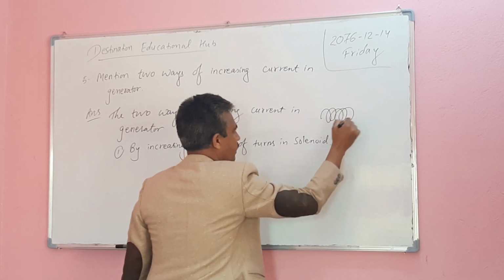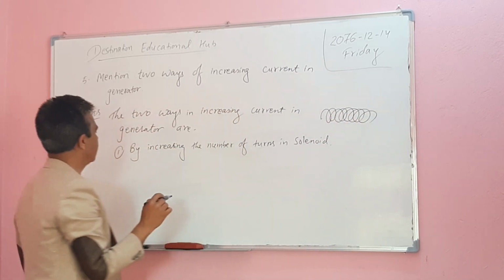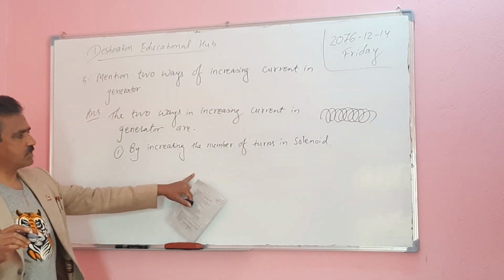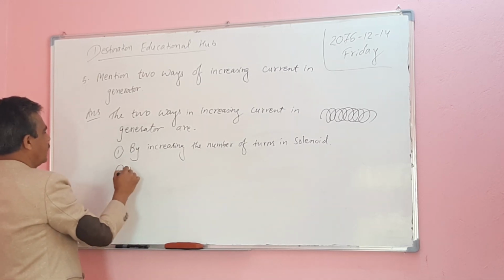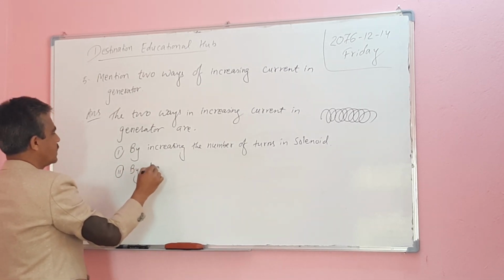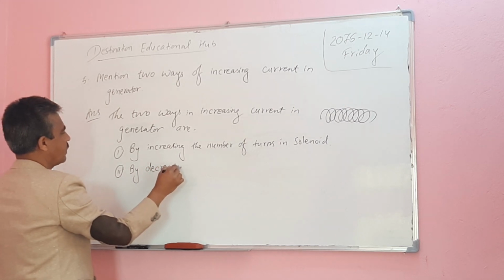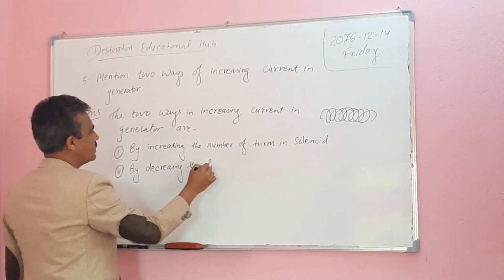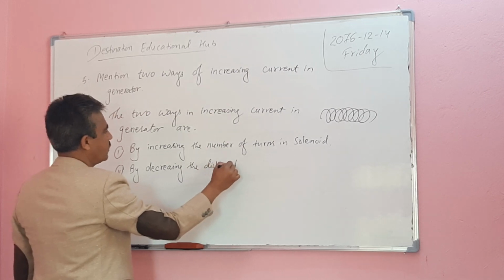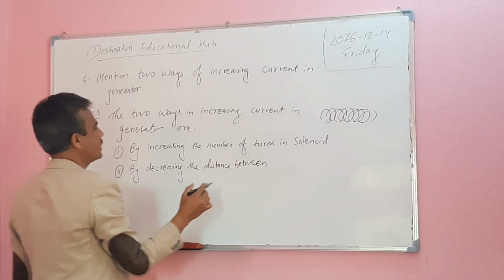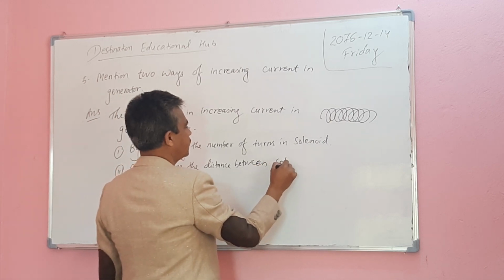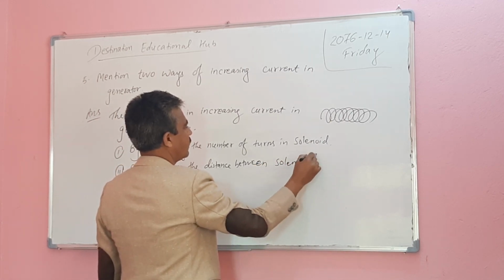So, by increasing the number of turns in the solenoid. Number 2, by decreasing the distance between the solenoid and the magnet.